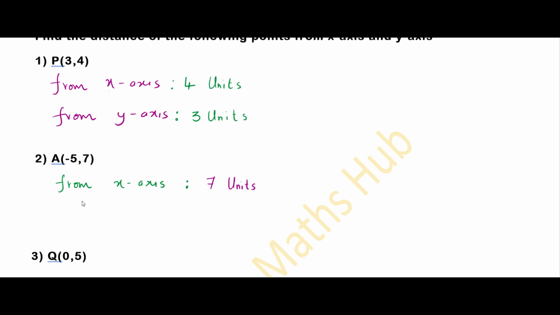Now, we'll find out the distance of this point from the y-axis. It will be its x coordinate. But the x coordinate is negative, and distance cannot be negative. Take it as plus 5 units. Since distance cannot be negative, I have taken it as plus 5 units.